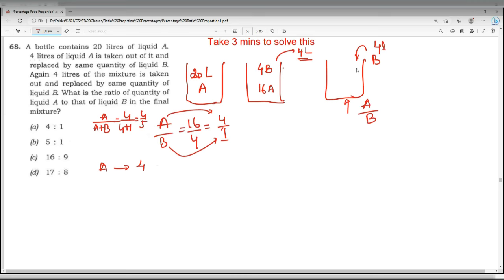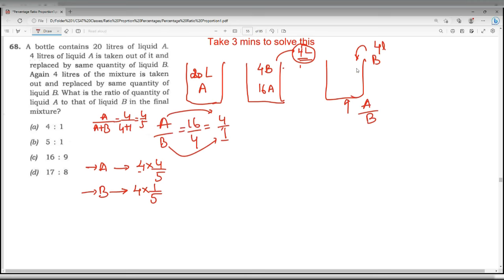So in that 4 liters, 4/5 was A and 1/5 was B. A was 4 into 4 by 5 liters and B was 4 into 1 by 5 liters. So totally this was 4 liters.